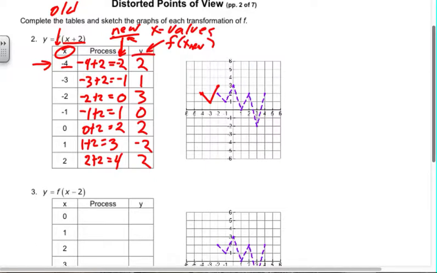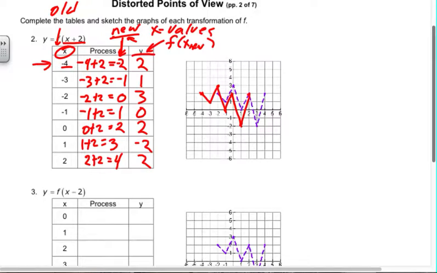And then we'll have a -1, 0. And then I'm going to have 0, 2. I'm going to have 1, -2. And most of you at this point have figured out what's going on here, and I'm going to have 2, 2.